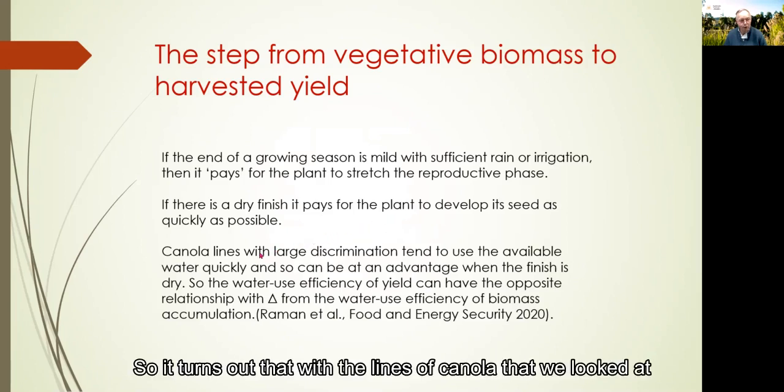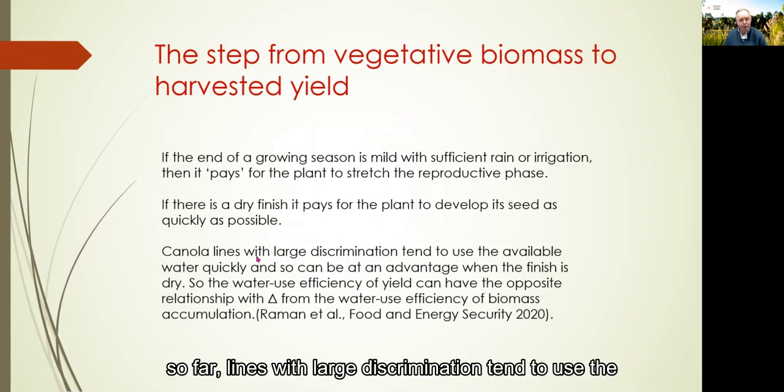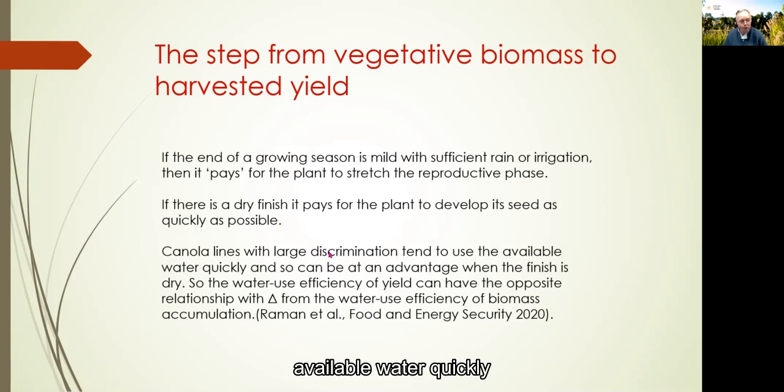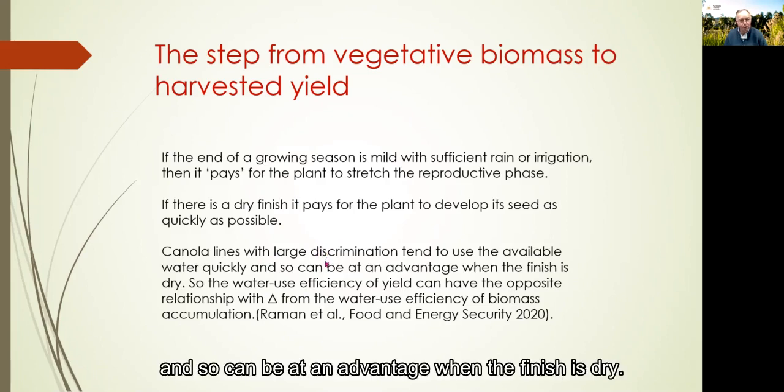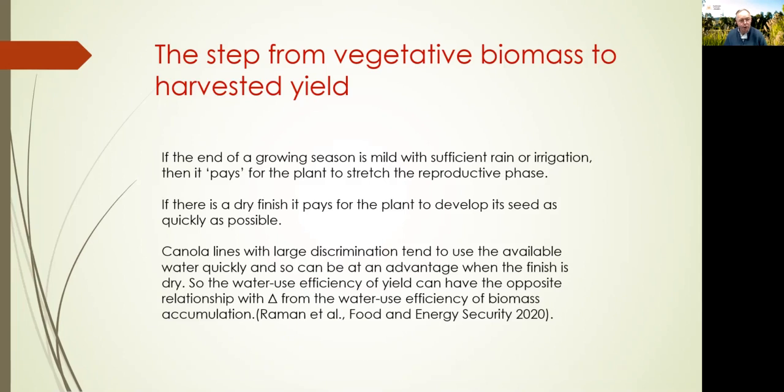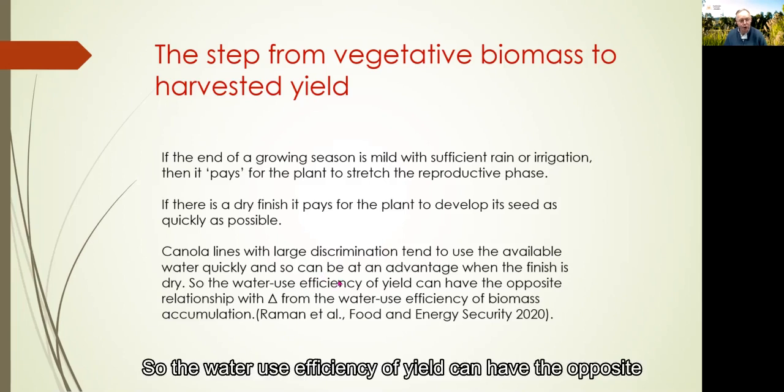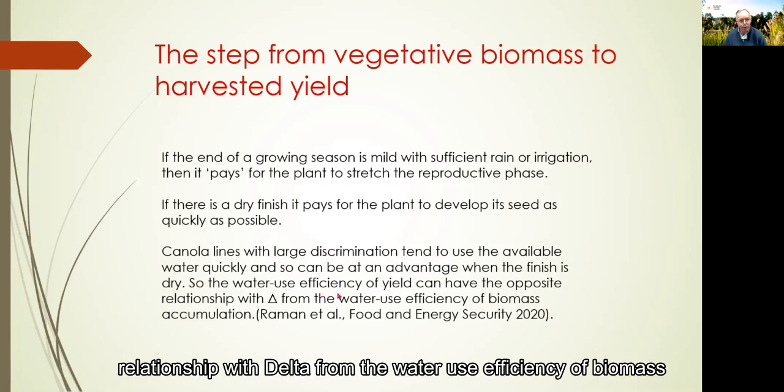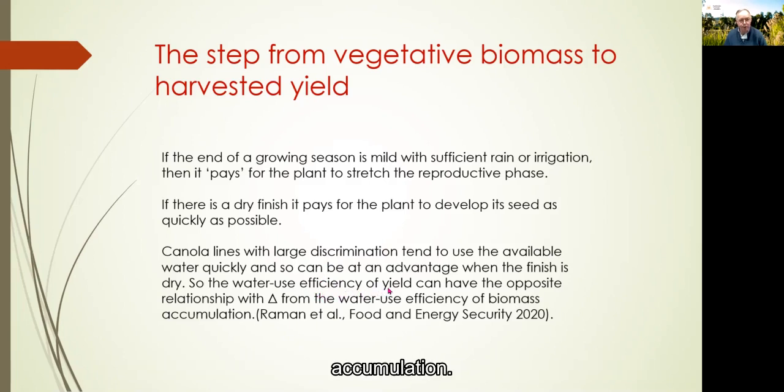So it turns out that with the lines of canola that we've looked at so far, lines with large discrimination tend to use the available water quickly, and so can be at an advantage when the finish is dry. So the water use efficiency of yield can have the opposite relationship with delta from the water use efficiency of biomass accumulation.